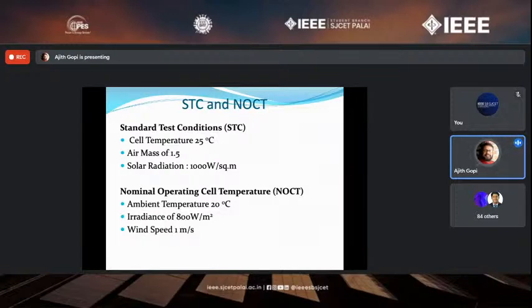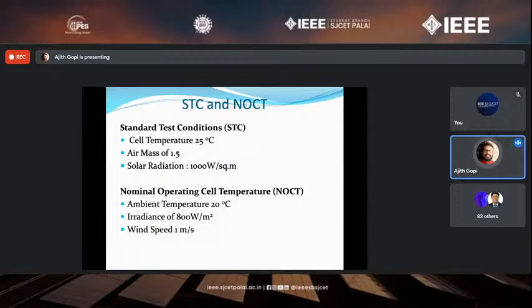That's why the 25 degrees. Air mass is nothing but the distance the solar radiation travels reaching down through a particular atmospheric condition. It's some ideal, mid condition they have selected.